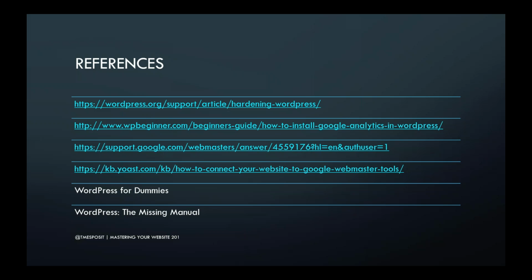I cannot recommend WordPress for Dummies enough. Even though it says dummies in it, it is not a book for dummies. There is all sorts of useful information in there. Almost nearly as useful is WordPress: The Missing Manual. I used that when I first started doing my chapter WordPress work, and that was a great starting point. I think WordPress for Dummies is a little bit stronger than that one, but they both had good content.